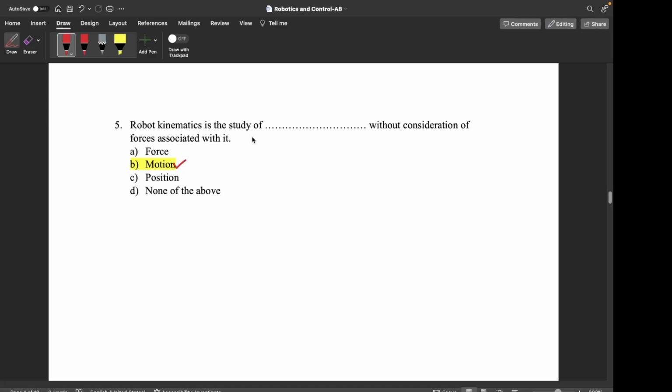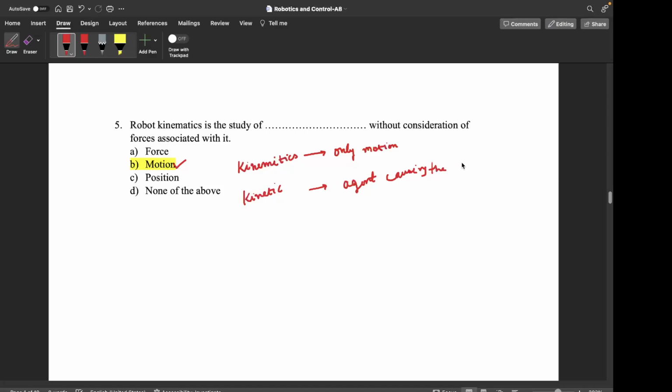And in kinetics, the two terms that form the fundamentals of dynamics are basically kinematics and kinetics. Kinematics is only motion, and in kinetics we study the agent causing the motion.